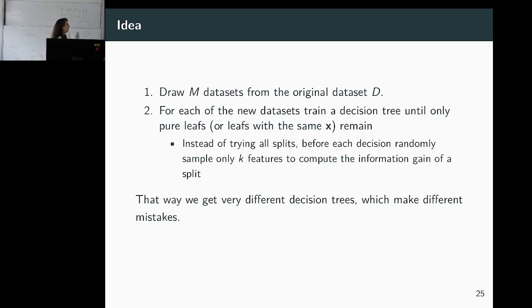So remember, we said our trees make mistakes. But the good thing about decision trees is they do something right, because otherwise they wouldn't work at all. So there are a lot of things which they do right.